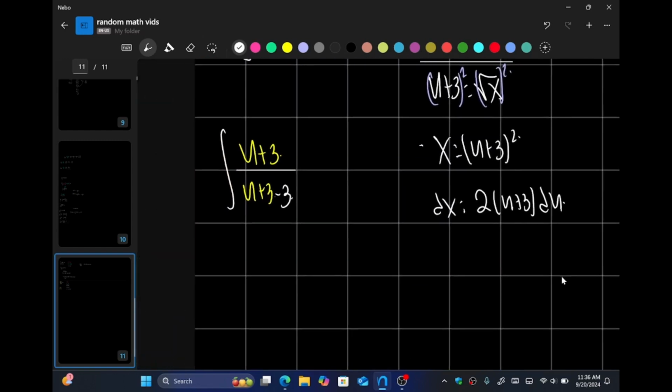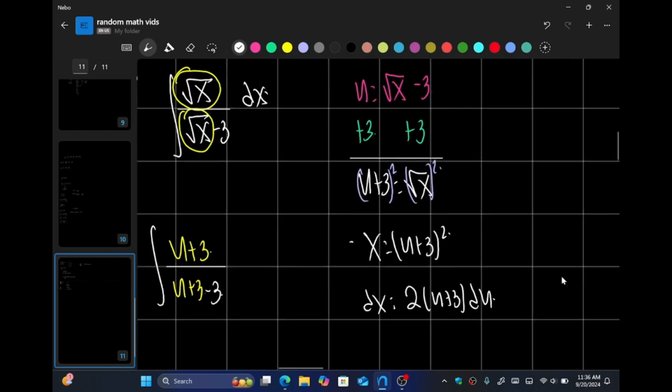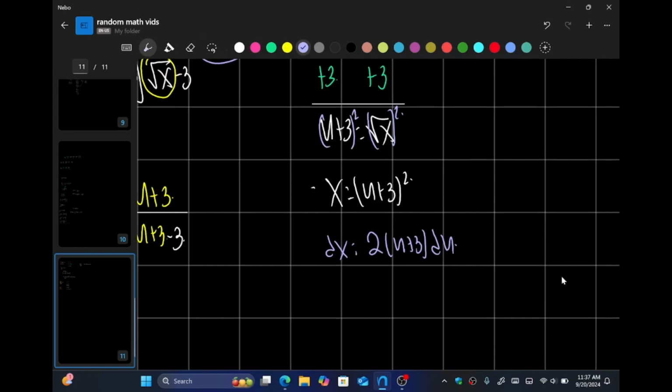So dx in this case, we're going to just substitute this. So dx will become 2 times u plus 3 du.